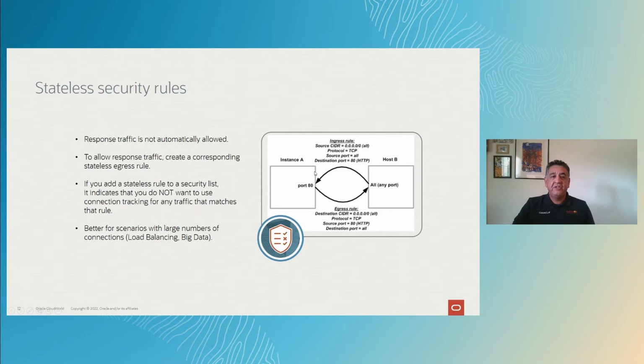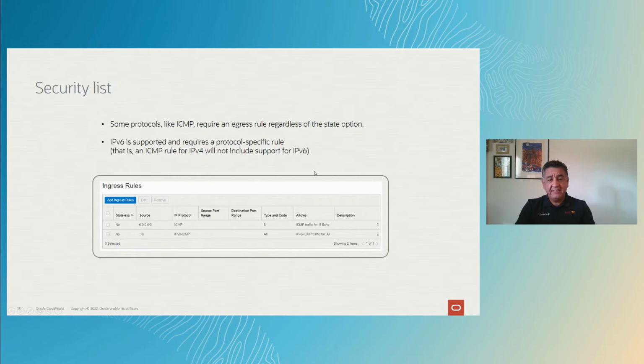So this is a stateless security rule, and this is an example. I mentioned that for some protocols like ICMP, you need to allow traffic coming in because ICMP is very sensitive, regardless of the rule being stateless or stateful.